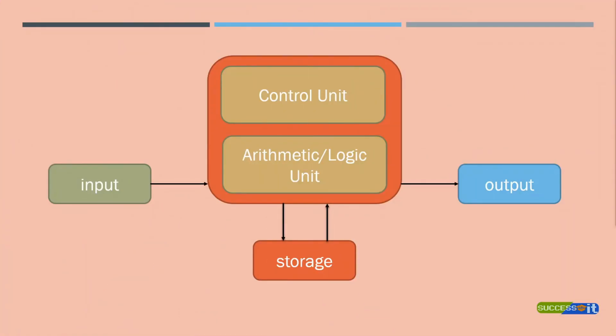The arithmetic and logic unit performs all the arithmetic and logic functions in a computer. For example, if an instruction involves performing addition, subtraction, multiplication, or division, or the comparison of data, the ALU will do that.